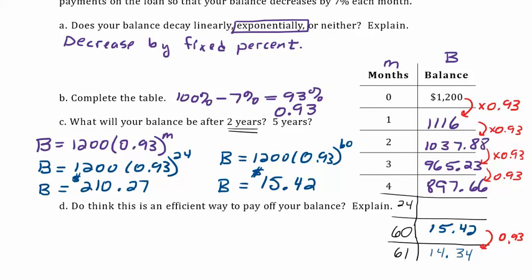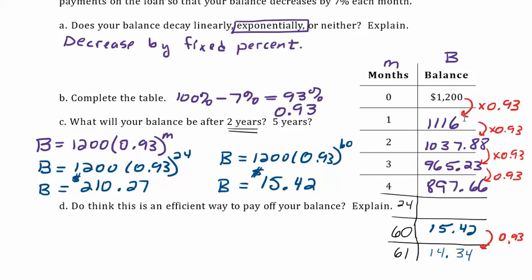Once you get down to this amount of money, $15, you're taking 93% of a relatively small number. 93% of $15.42 is $14.34. So you'd only pay 7% of $15.42, which is only a little more than $1. That doesn't seem like a great idea.